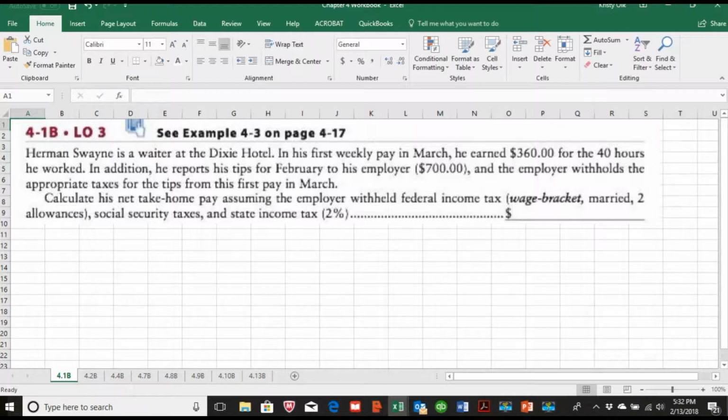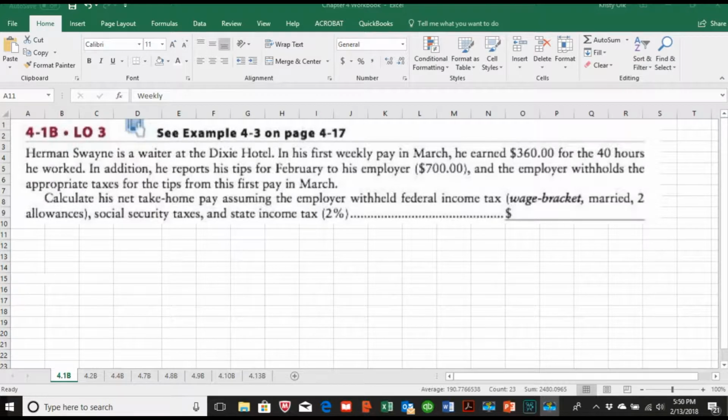They want us to calculate his net take-home pay, assuming the employer withheld federal income tax under the wage bracket method for married with two, what his Social Security taxes are, and what his state income tax would be at a rate of 2%.